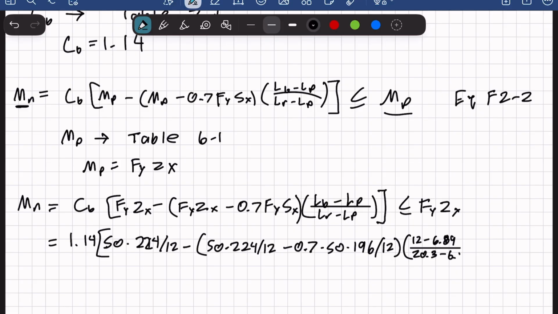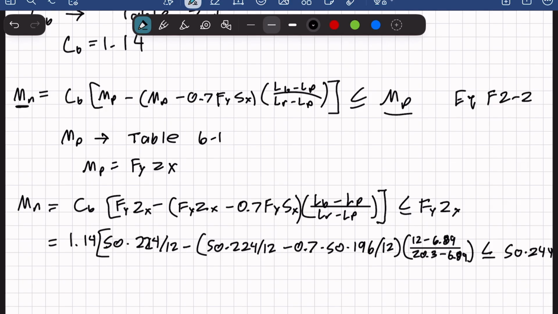And from here, this is just plug it into your calculator and solve. And we can do that right now. So go through again, start putting this into your calculator, make sure you're tracking.